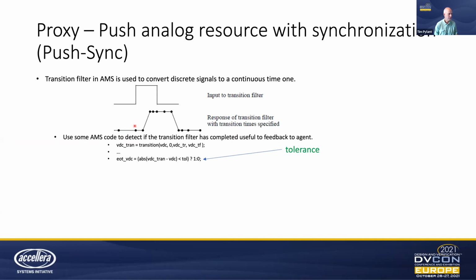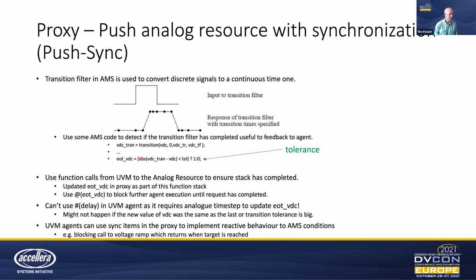So you can see different trigger points for when the discrete value came in. It starts the value, and then when the rise starts, there's a transition, and when it completes, there's a transition. And so different points along here are going to be passed back from the analog back to the UVC.